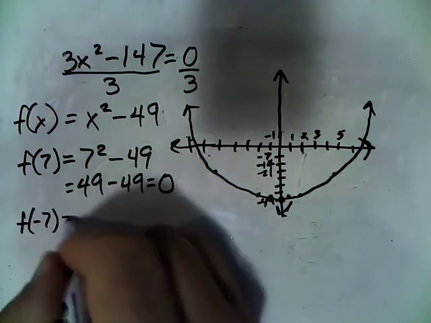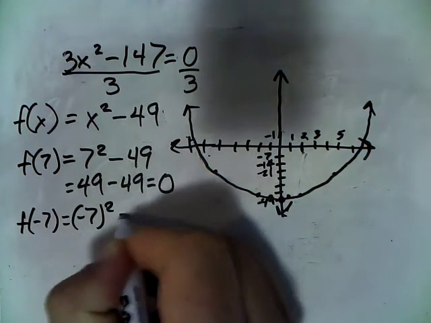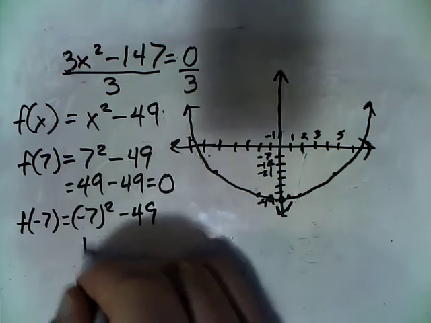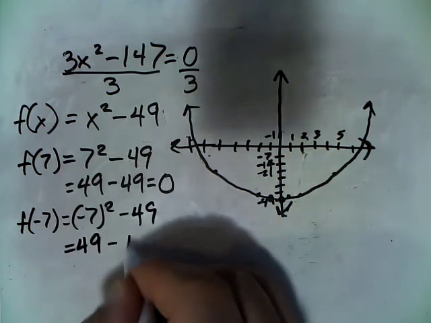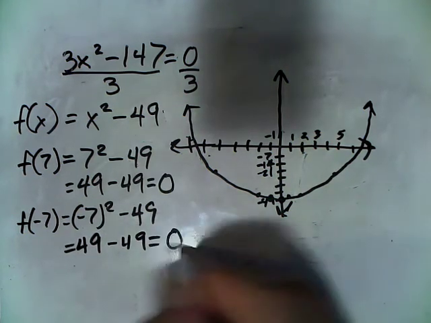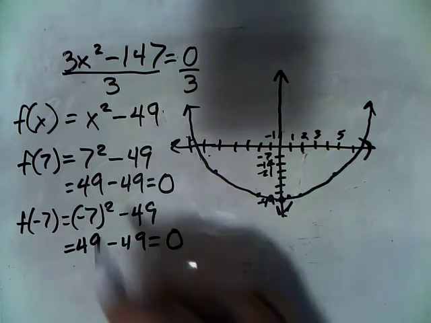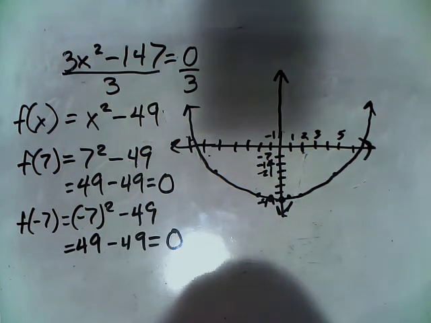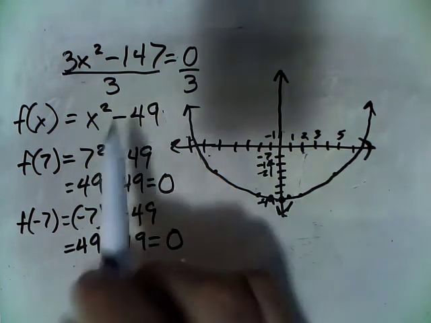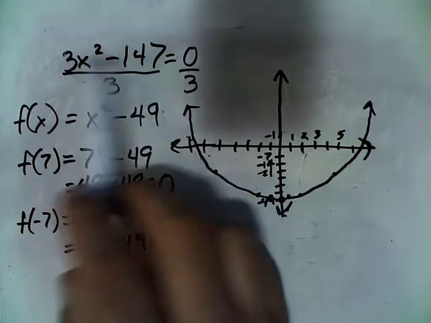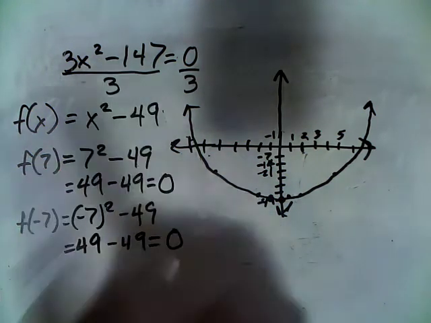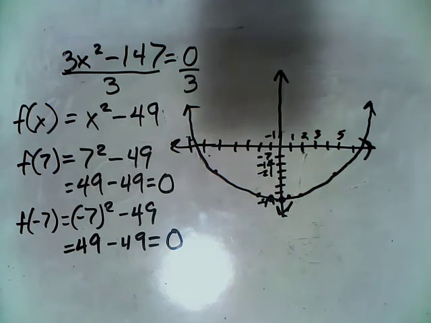F of -7 would also produce 49 minus 49, and therefore 0. So 7 and -7 are my zeros, which means that 7 and -7 are the solutions to the equation up here. And so that's what the book is basically asking you to do, is to go through like that.